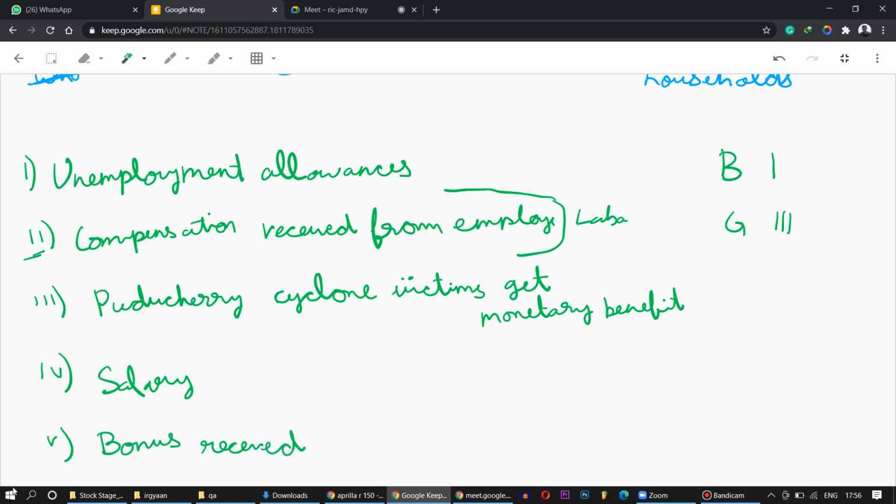Tell me the reason why. Bonus received on Diwali is labor. Good. If I simply say bonus given for no reason to somebody, why? For no reason.